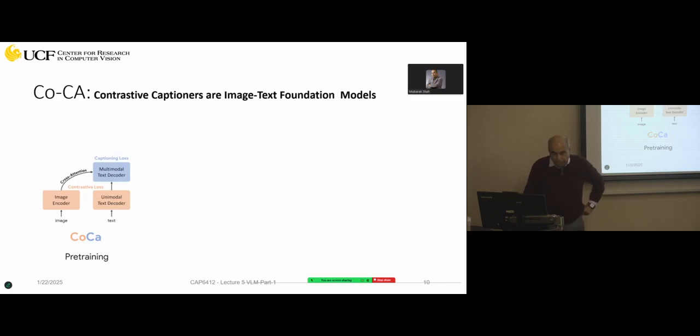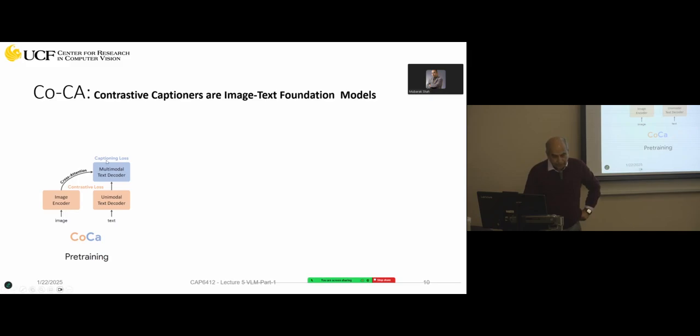The way it works is that we have an image and we have text, we encode the image and we encode the text, and this is called the unimodal text encoder and decoder. Then we combine them, and this is called the multimodal text decoder. Here we put in text and also the image, so that's called multimodal. Up to here it will be simple CLIP, so a contrastive loss between image and text.